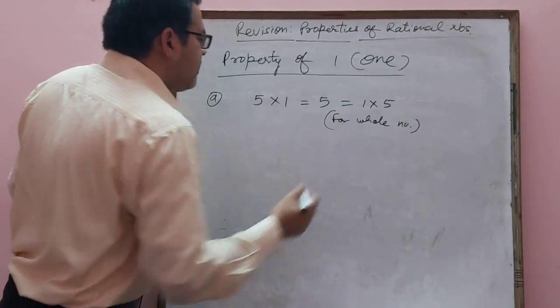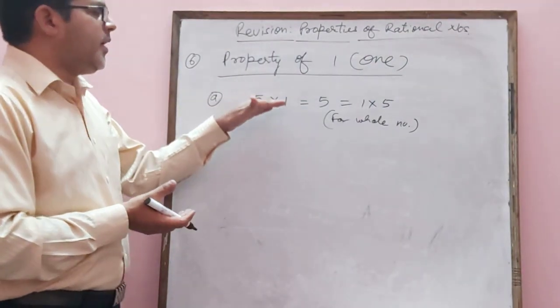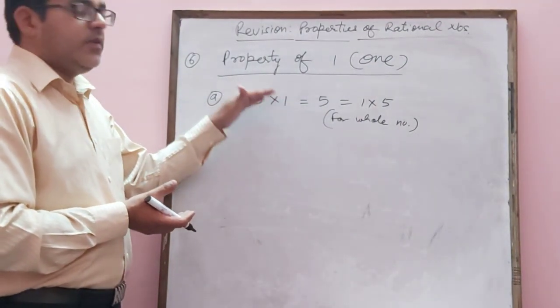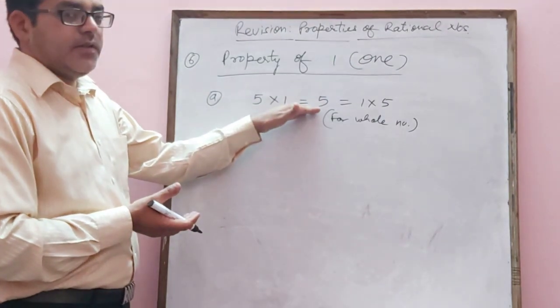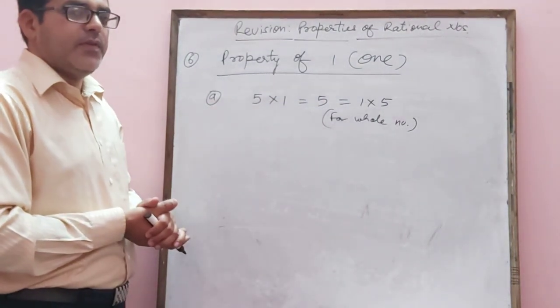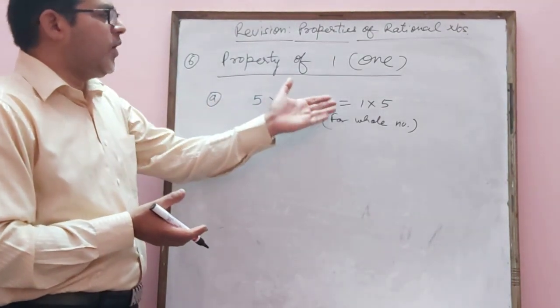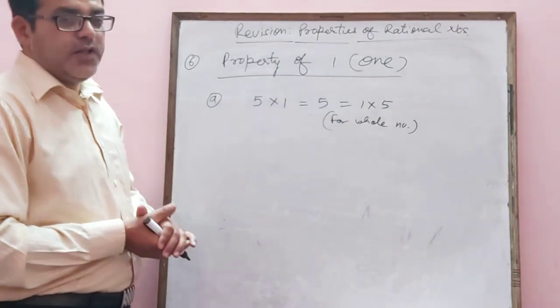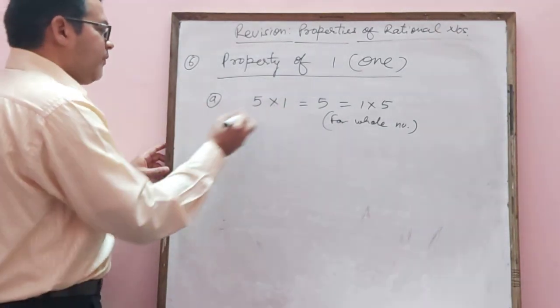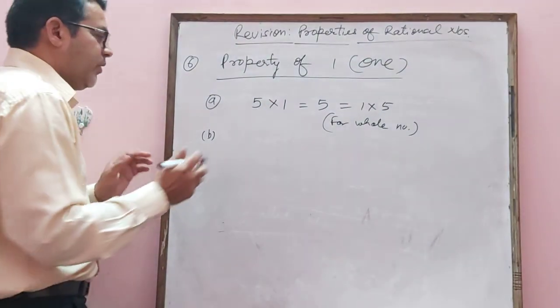It means if we multiply any whole number by 1, the result is unaffected, we will have the same result, that is 5. In either order, we can multiply 5 with 1 or 1 with 5, the result is 5 only. And I am assuming that 5 is a whole number for this case.